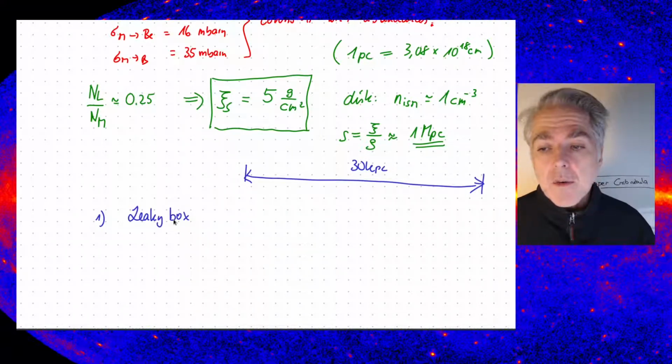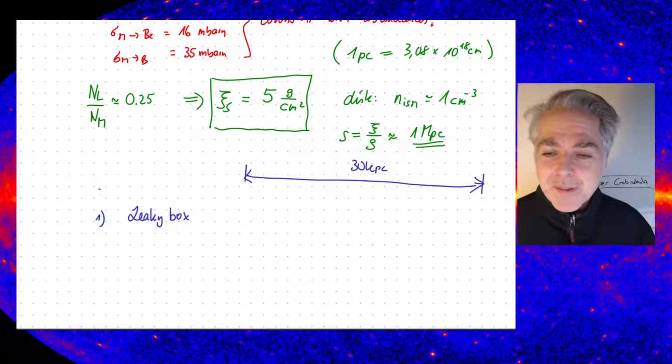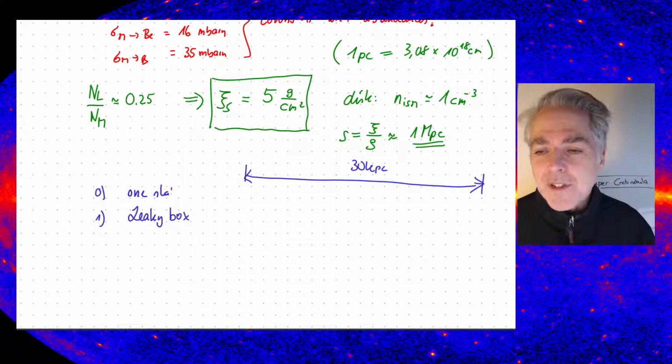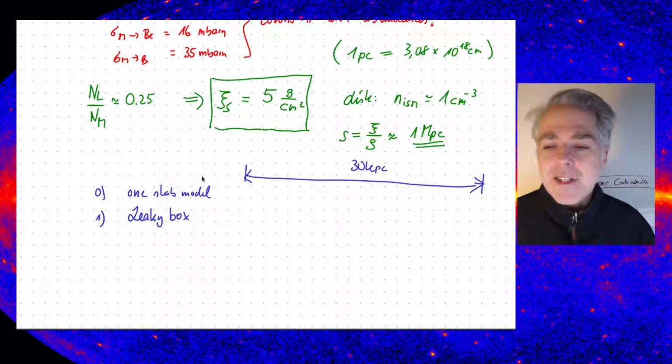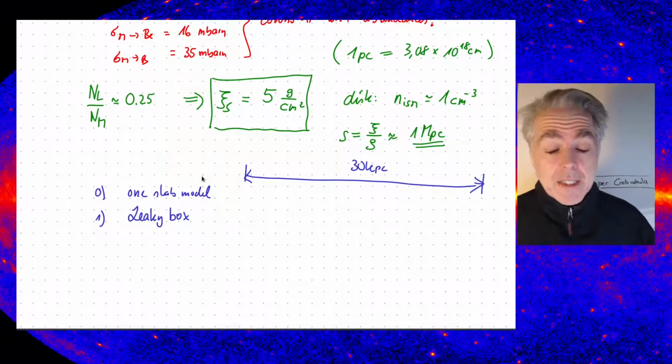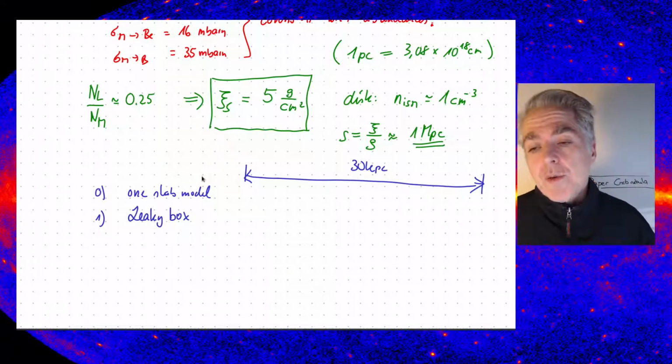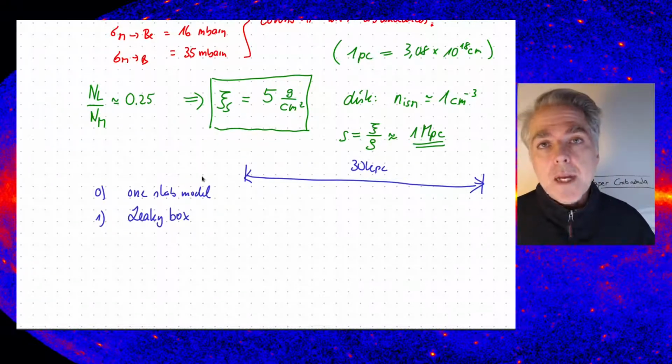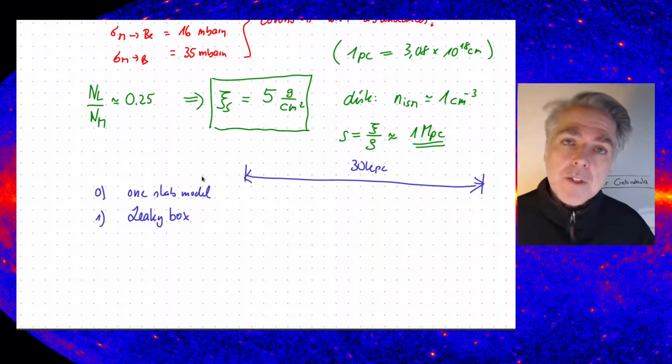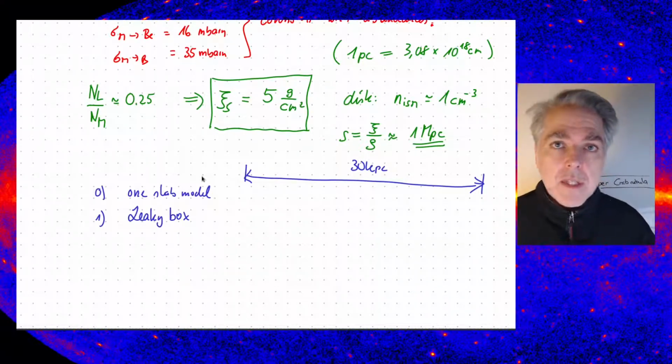So the next way that people have looked at this, when you go from the one slab model: the one slab model does not work, obviously, because the galaxy is much, much smaller than the slab would have to be. The leaky box assumes that the particles move freely, but are confined to a box. The moment they hit the boundary of the box, they get reflected and bounce around in this box.